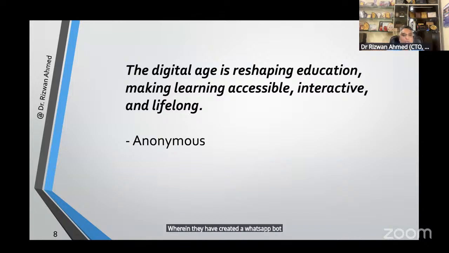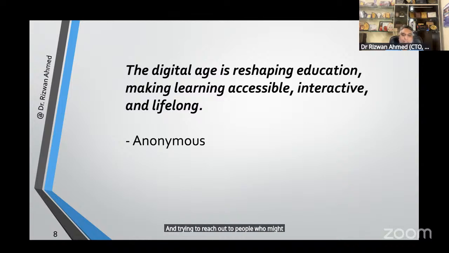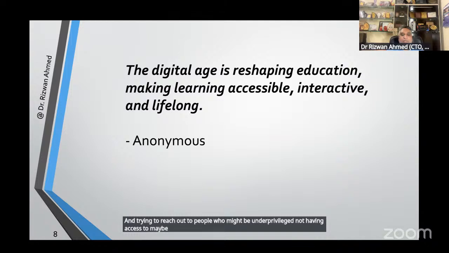On that bot, I can customize my learning and get my sessions delivered on WhatsApp. So people are making use of all the available technologies out there to reach people who might be underprivileged, not having access to traditional learning models, and trying to make it more accessible to everyone.